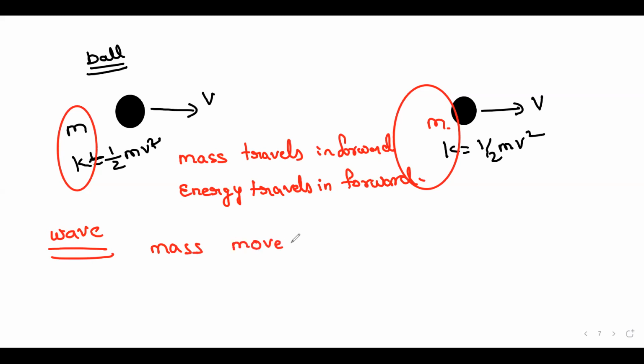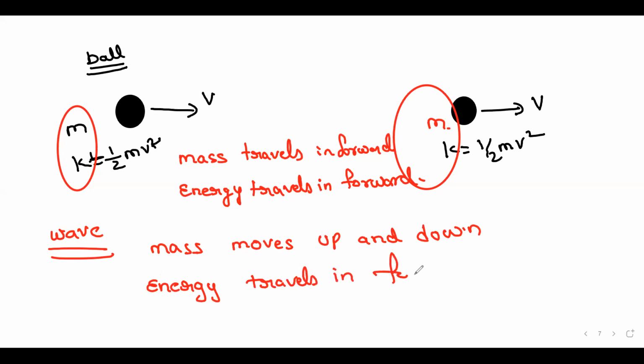You take any point on this string, it moves up and down. Energy travels in forward direction. Is it clear? So wave is nothing but energy. Anyone have doubts in this? No, fine.